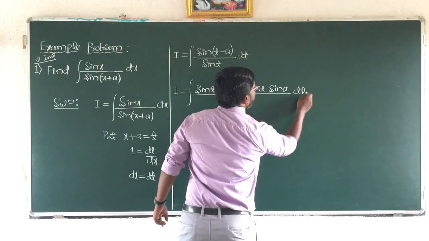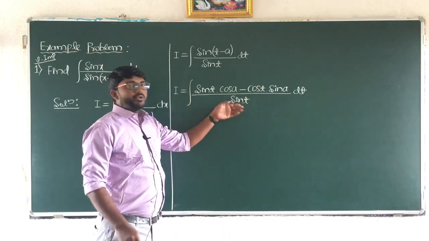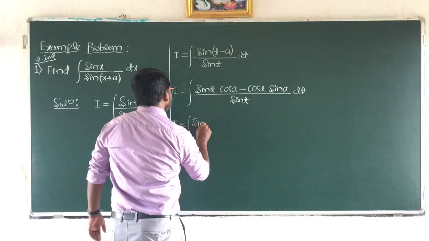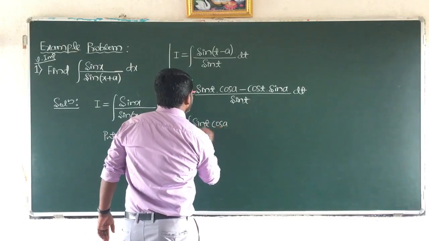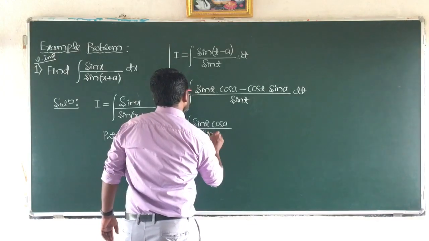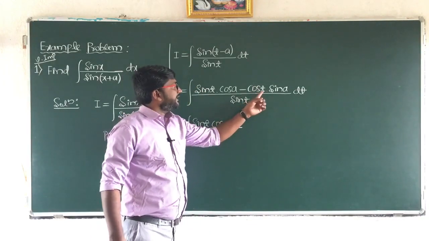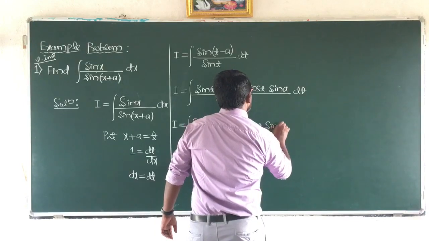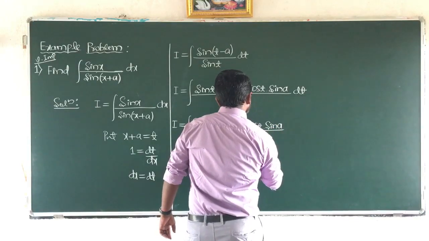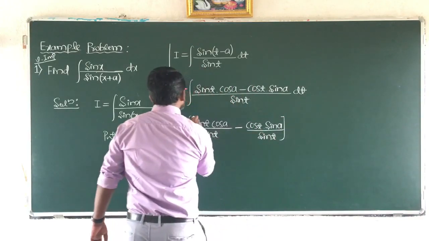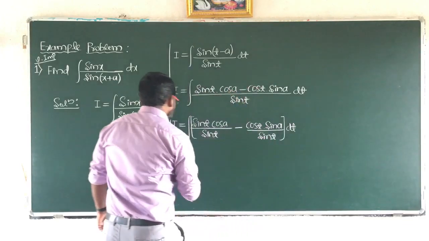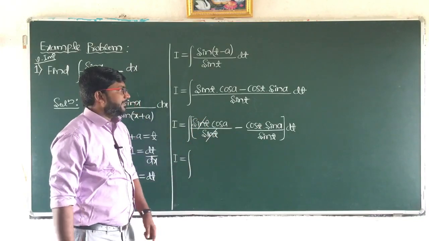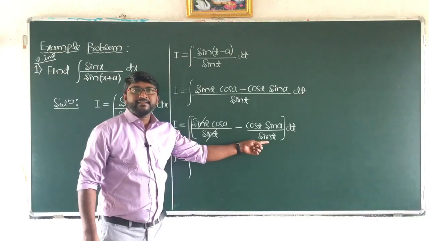Now we can split this into two terms. So I equals integral of sin t into cos a divided by sin t, minus cos t into sin a divided by sin t, dt. Now sin t and sin t get cancelled, and cos t divided by sin t can be written as cot t.